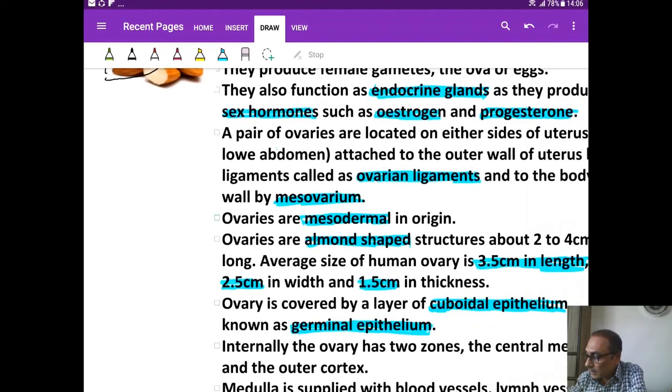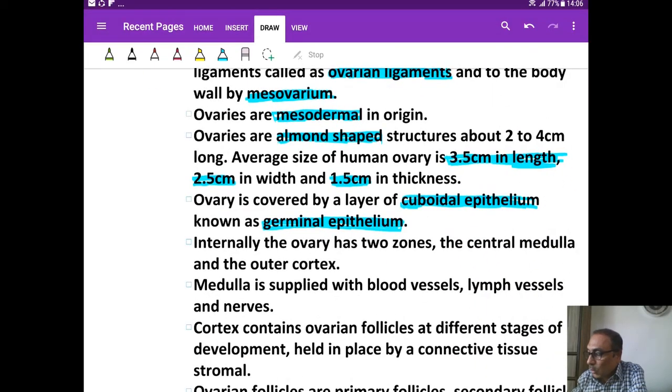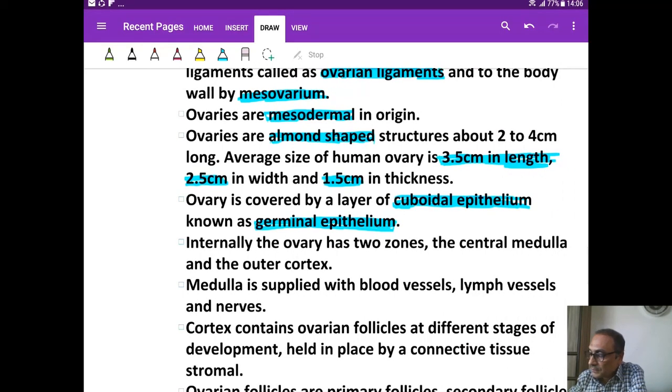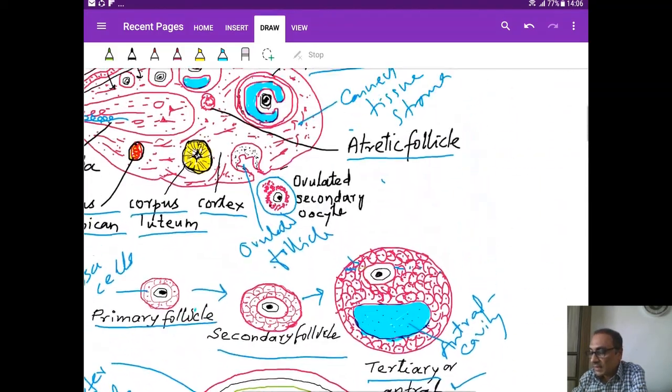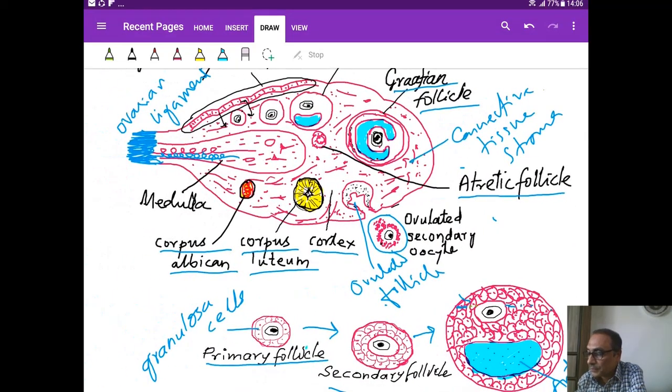Now, internally the ovary is divided into two zones. What are those? We have discussed. One is the central medulla region and the outer cortex. In the medulla region, we have seen that there are blood vessels, lymph vessels, and nerves entering.